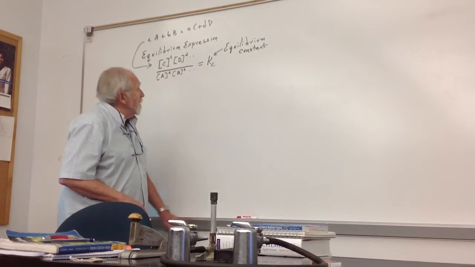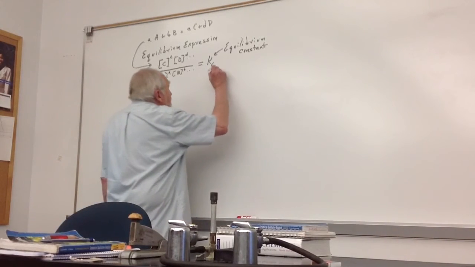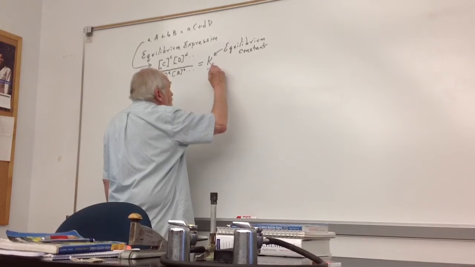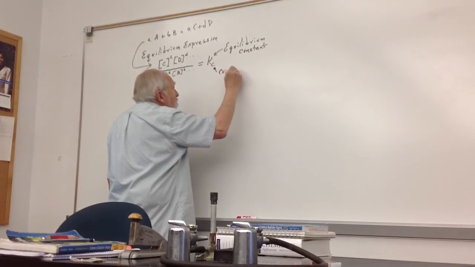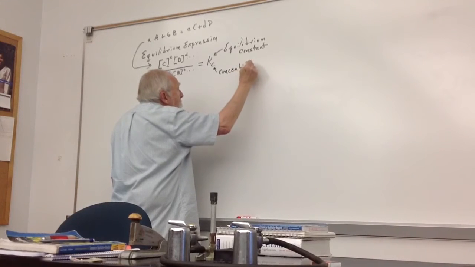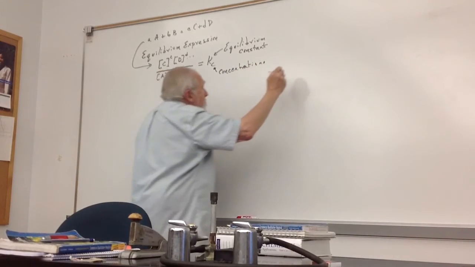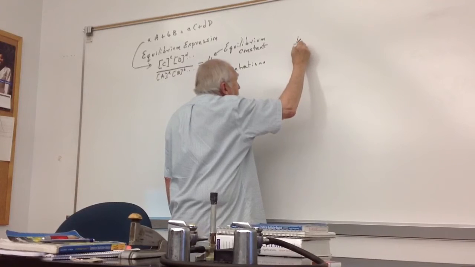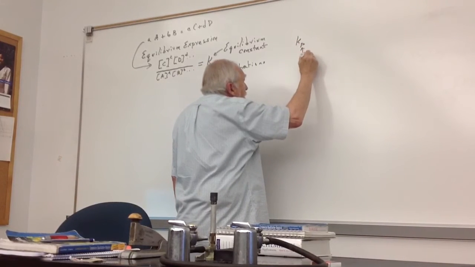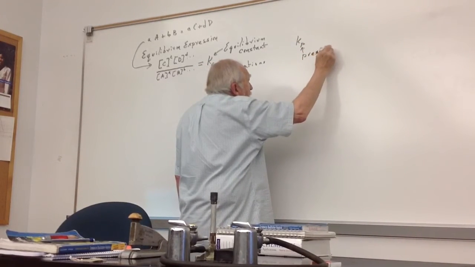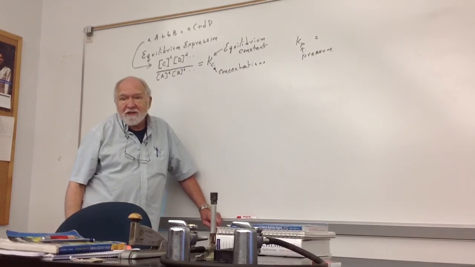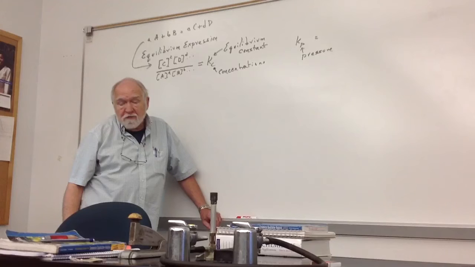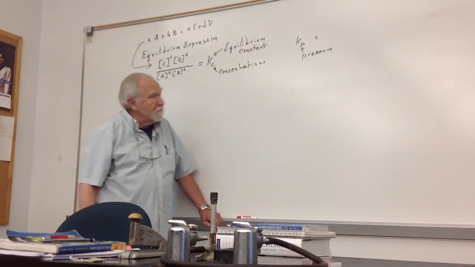Although we can express, and this little c denotes different things. In this particular way of writing, it just says we're working in concentration units. I can talk about K sub P in pressure units. Now the equilibrium expression would be written in terms of pressure.